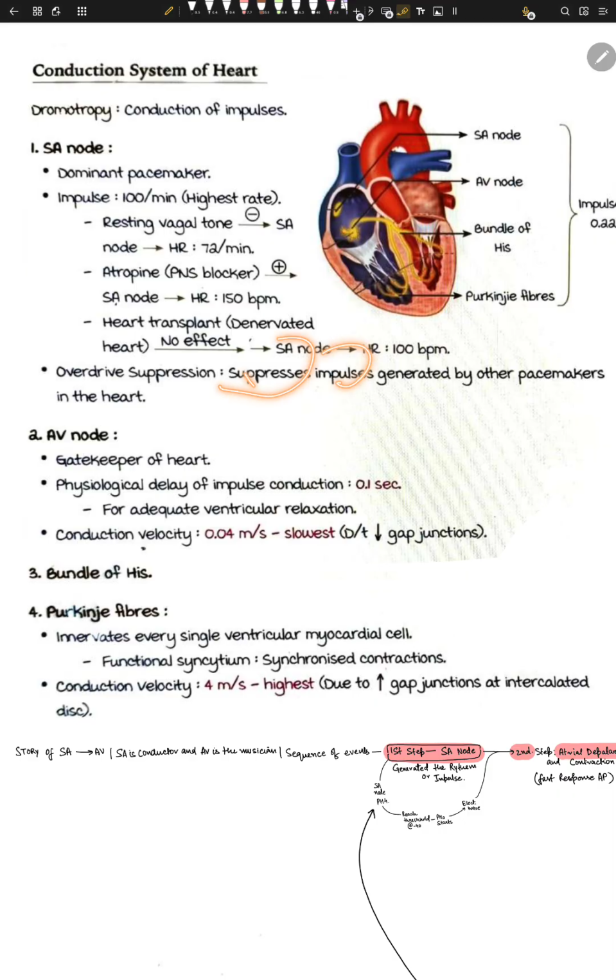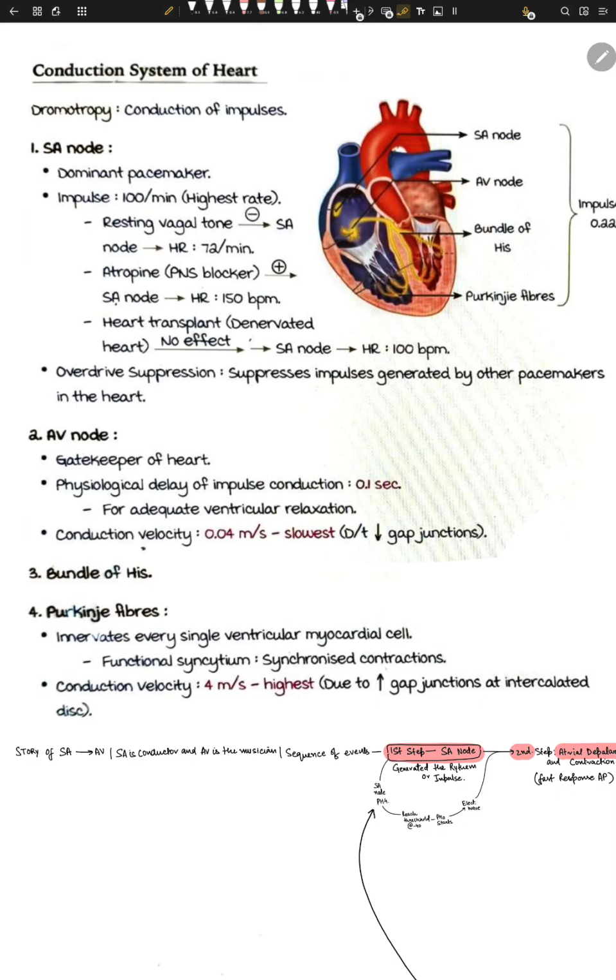It suppresses the impulse generated by other pacemakers, because the SA node is faster in generating impulses. It is more positively chronotropic. How does it happen? This is a very cool thing. Let's say the SA node is firing rapidly, again and again. Now each impulse depolarizes the other pacemaker cells before they even reach their own threshold.